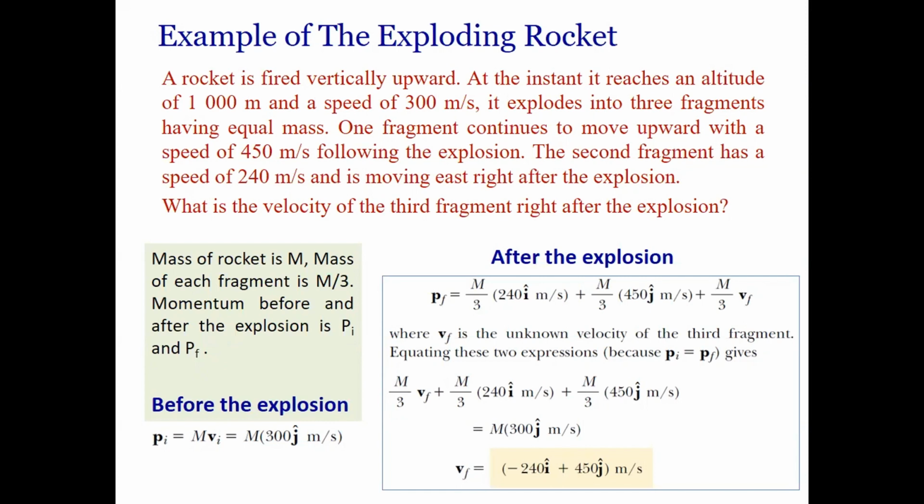So let us define a few things and then try to solve the problem. The mass of the rocket is m, then the mass of each fragment is m divided by 3. We are not given the mass. The momentum before and after the explosion can be considered as Pi and Pf, P initial and P final.